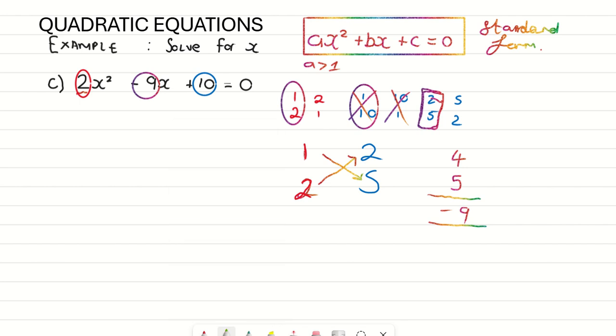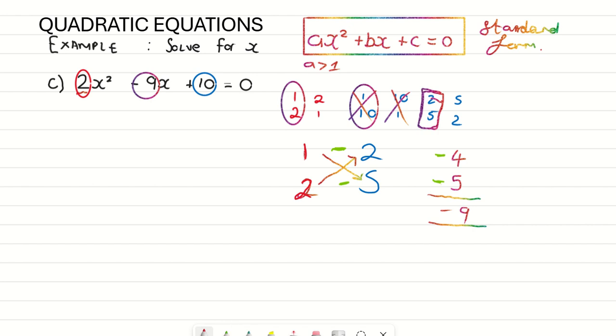In order for us to get minus 9, I need to say minus 4 minus 5. And because this is a minus 4, remember we got that minus 4 by going from left to right. So that minus will go over here, right? And then minus 5, we went from the red to the blue, so it goes over here.